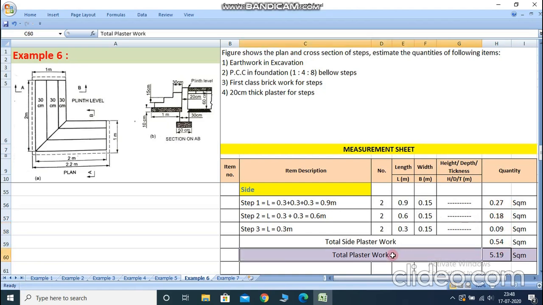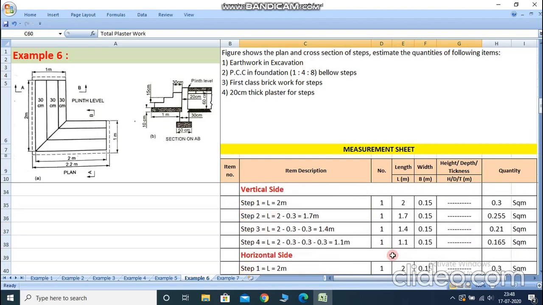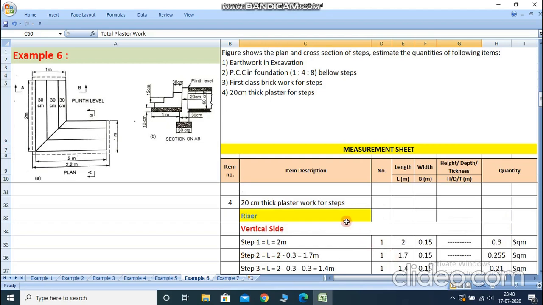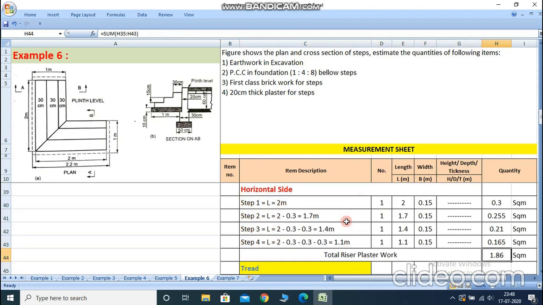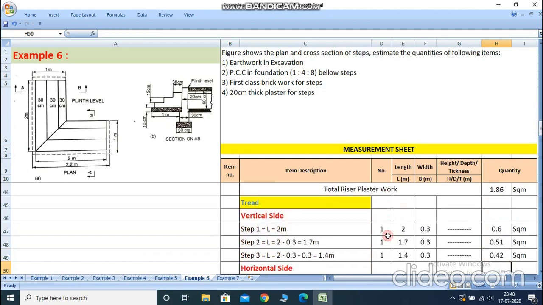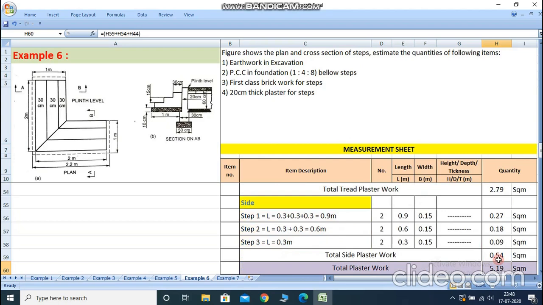Now the total plaster work. The total plaster work is the summation of all the values of riser, tread and side. See, the riser value we calculated is 0.16 meter square, plus the tread plaster work summation is 2.79, plus the side plaster work summation is 0.54.